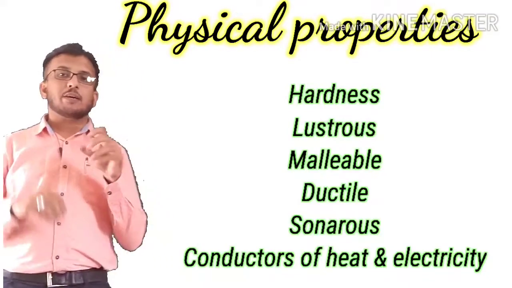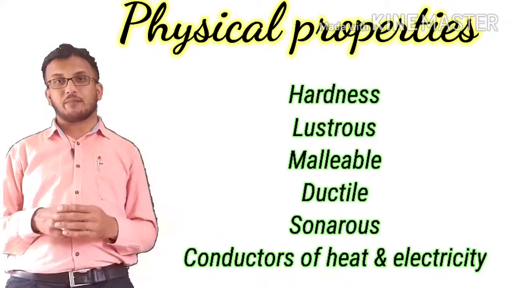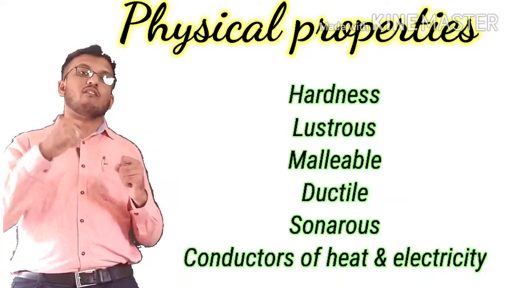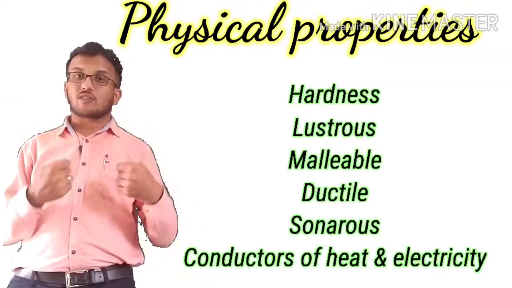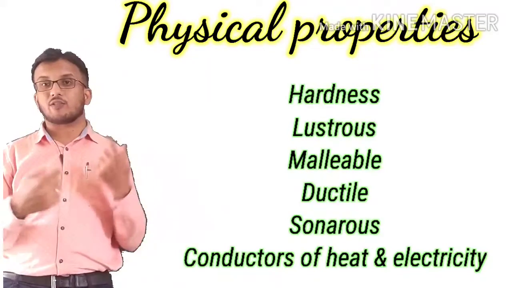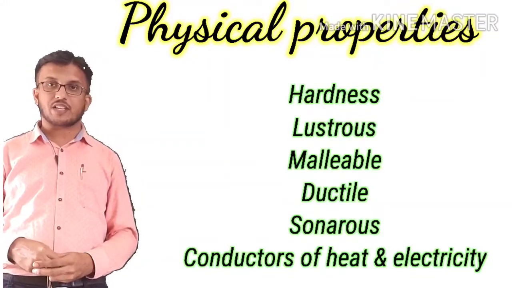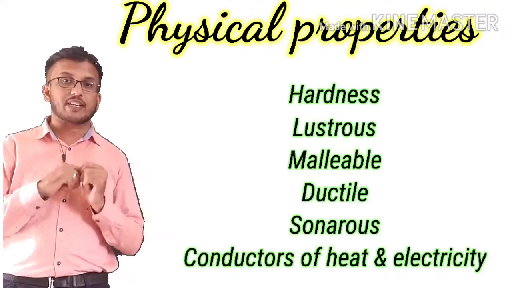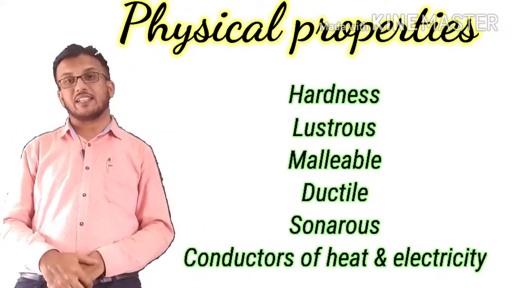Metals like copper and aluminium can be made into wires. As you have seen, we use copper and aluminium wires, and even iron wires we can make. We can make these metals into wires because of their nature called ductility.